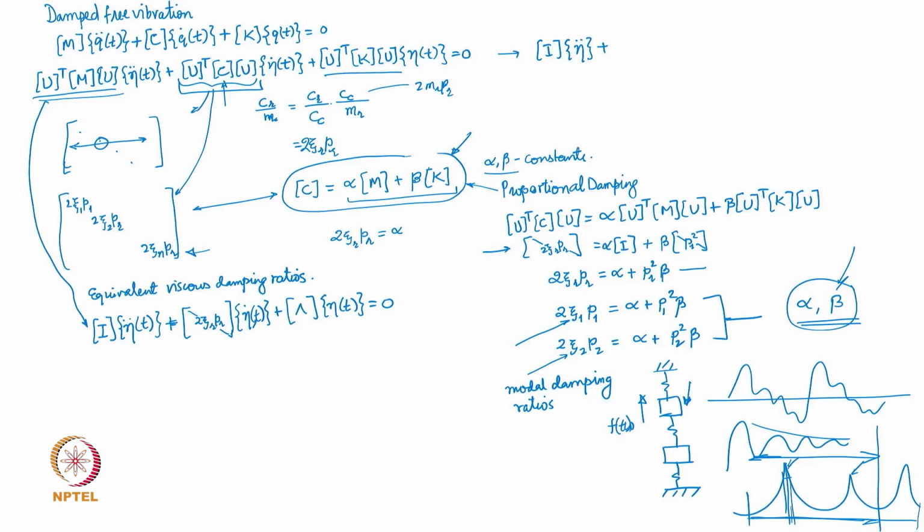Because I am interested finally in getting q of t, this is my final objective. With damping included, how do I get q of t, right? If you recall, in the undamped case, we first figured out how to get the response in the principal coordinate eta, because these equations are decoupled equations in the principal coordinate. We solve it for the principal coordinate and then go back to the physical coordinate.